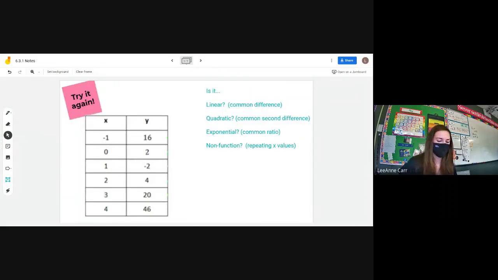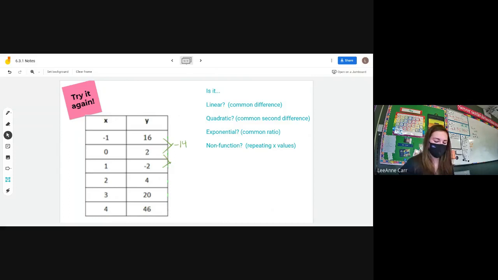Now again, here is where you are going to pause the video and try it out yourselves. All right, by now you have tried it yourself and you are ready to see our solution. Here we go. Again, I'm going to start with that common difference, move on to the second difference, and if that still doesn't work, switch gears to my ratio. So common difference: 2 minus 16 is going to give me negative 14.